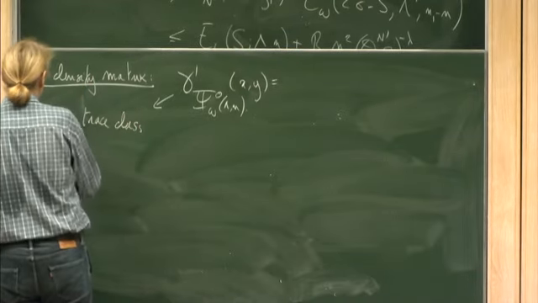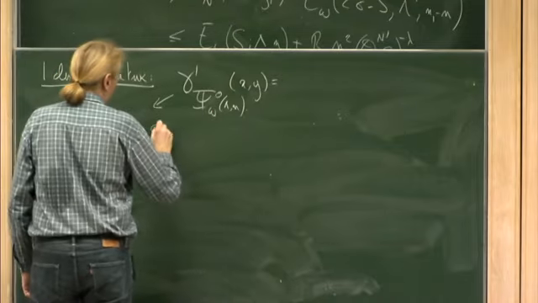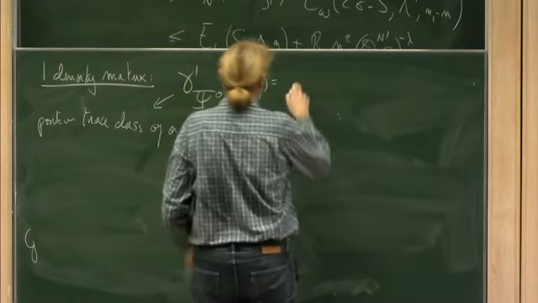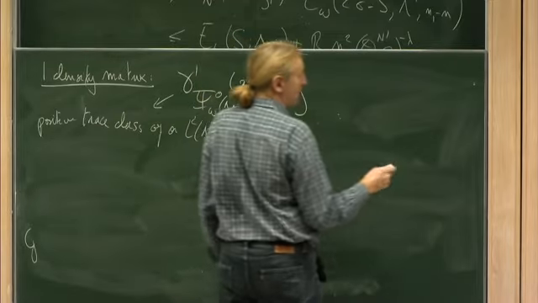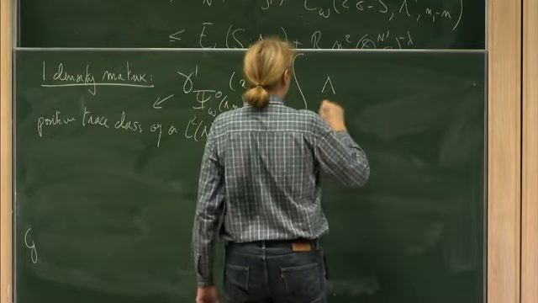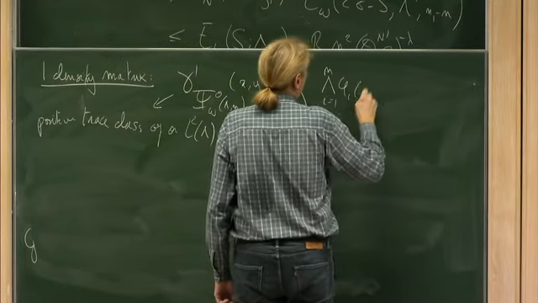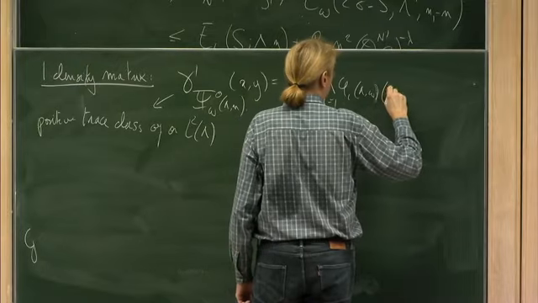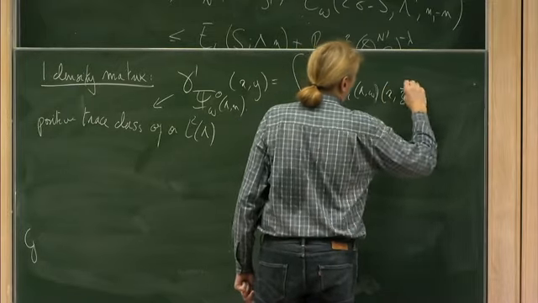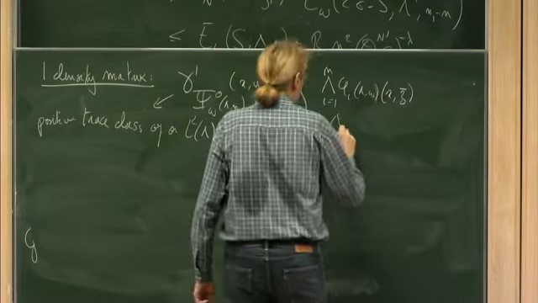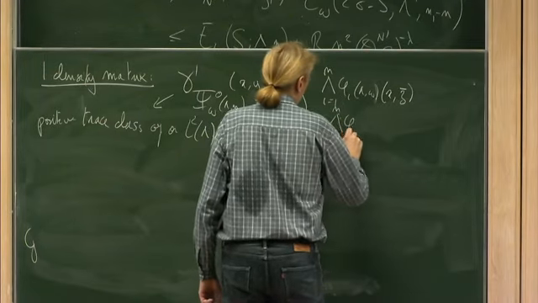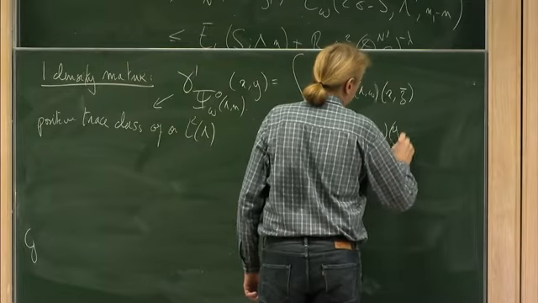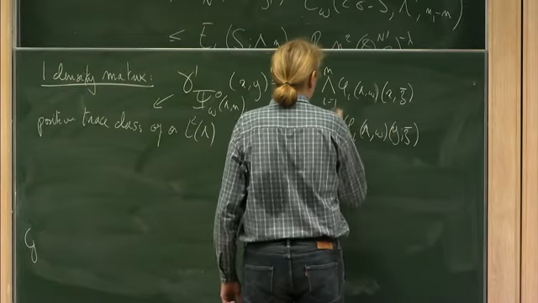And so it's a positive trace class operator on L2(Λ), and the kernel is given by n times the integral of the product over i going from 1 to n of φ_i^Λ(ω) at (x, z̄) times the sum over i going from 1 to n of φ_i^Λ(ω) at (y, z̄), where the bars do not denote the same things.